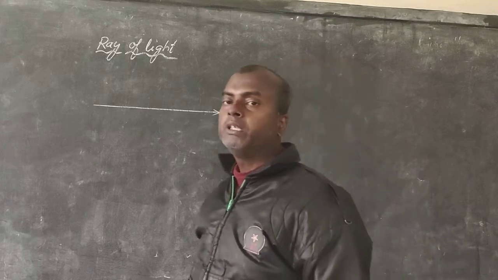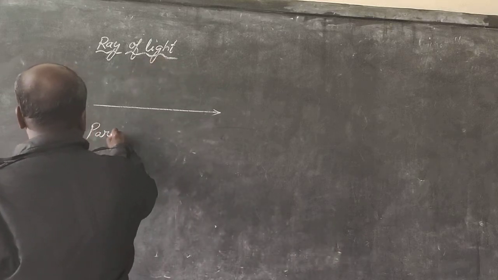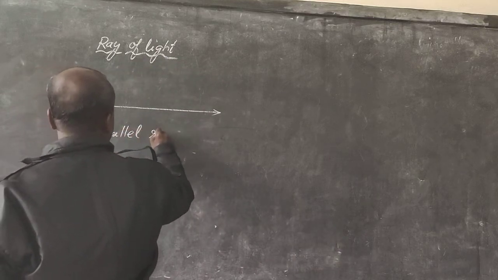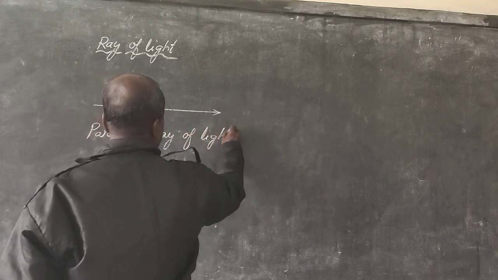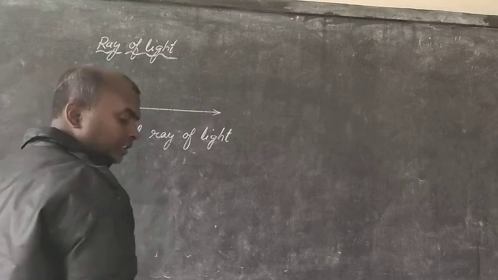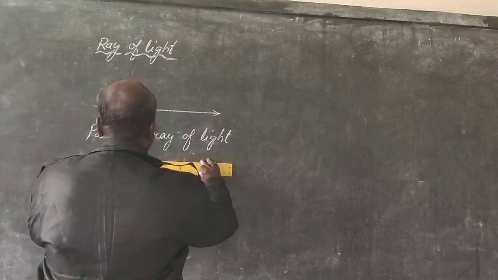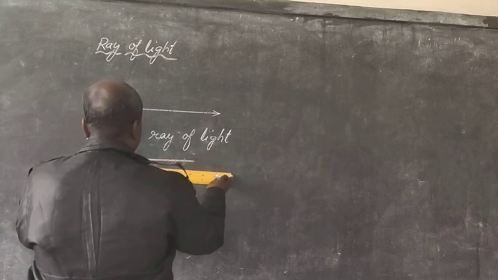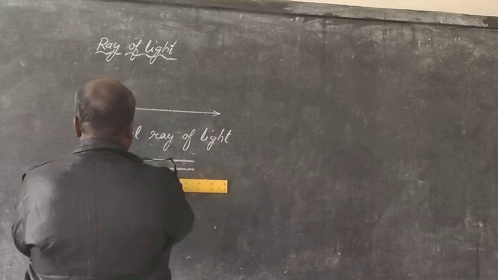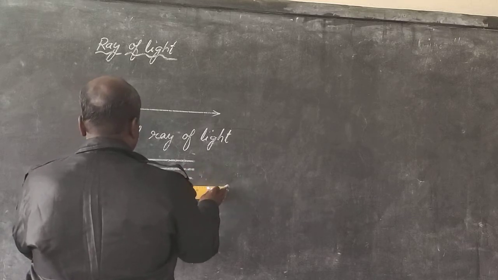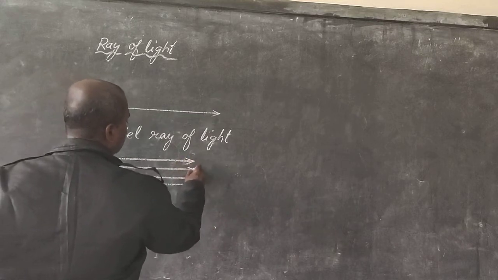So we can have so many types of rays of light. Parallel rays of light. In parallel rays of light, we will have so many rays of light parallel to each other like this. See, I have drawn here so many rays of light.